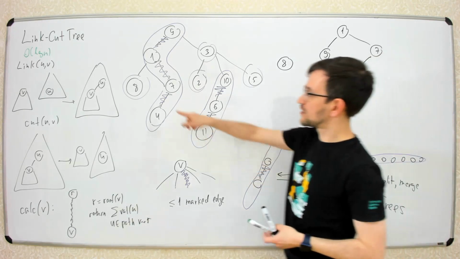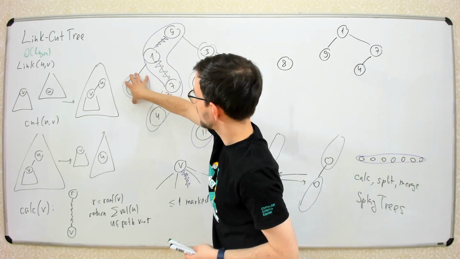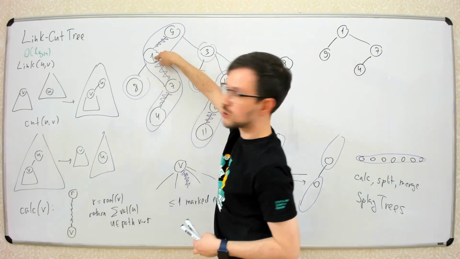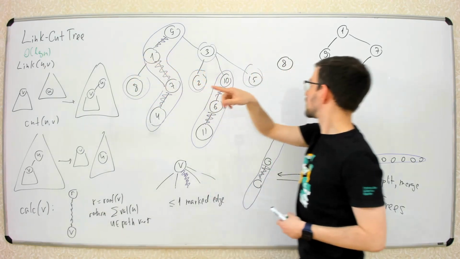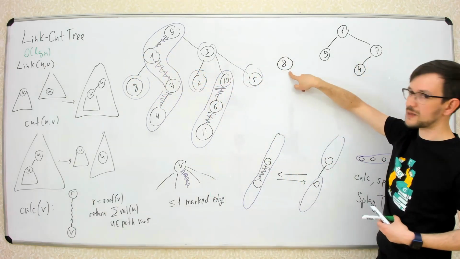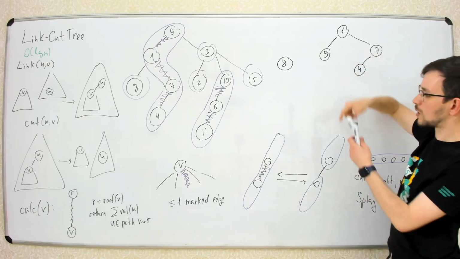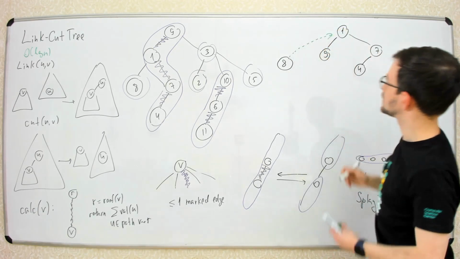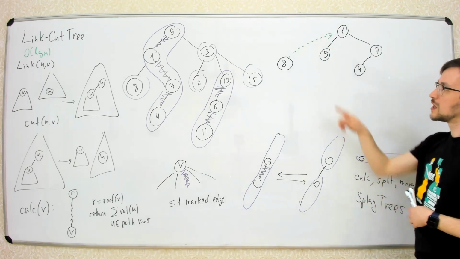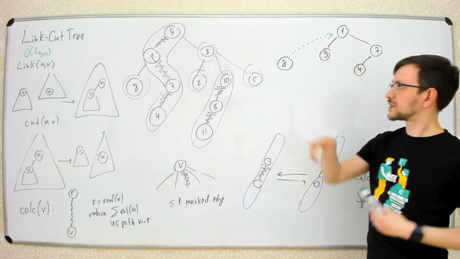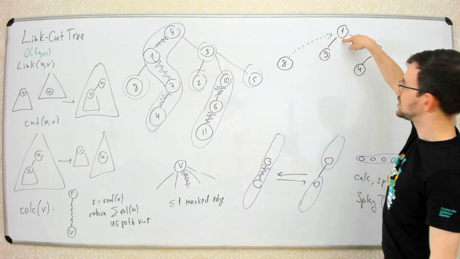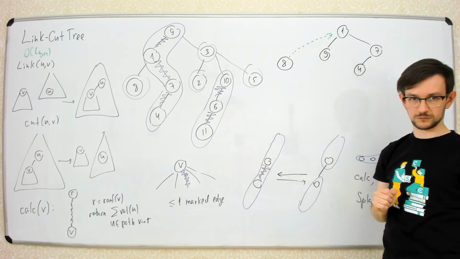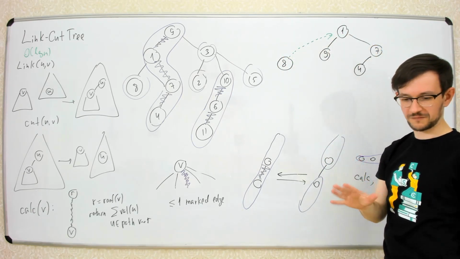This path is connected to this node 1. So we'll remember that this path is connected to node 1, and make a special pointer here. This special pointer will say that this tree is connected to this node. Cool?